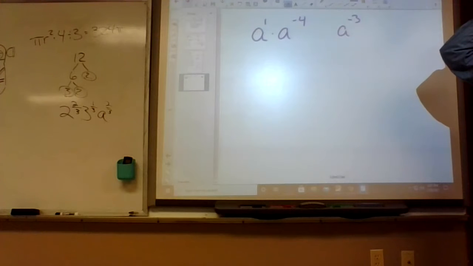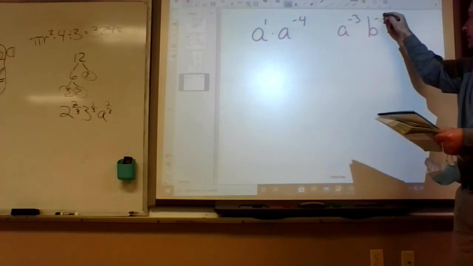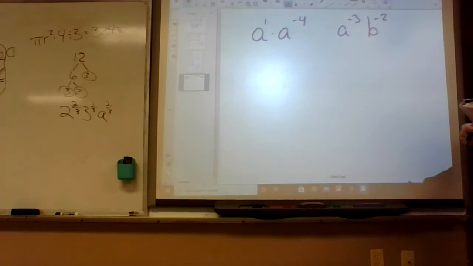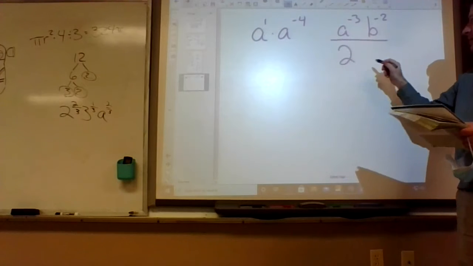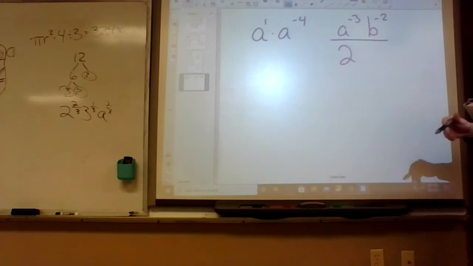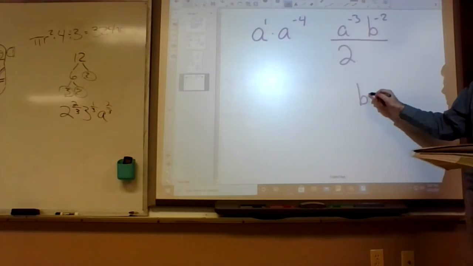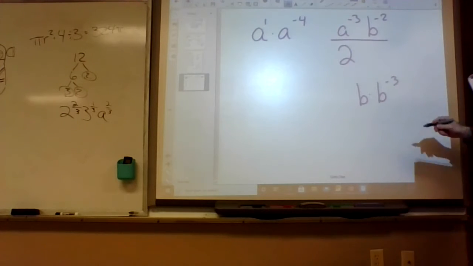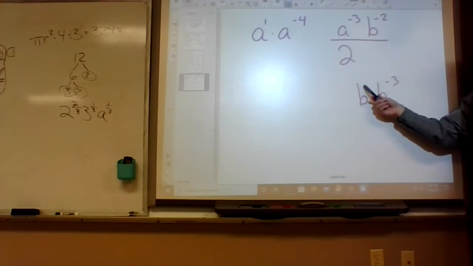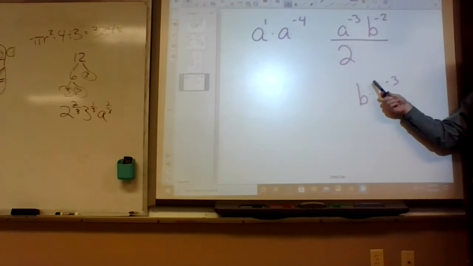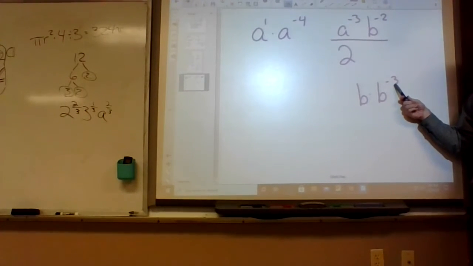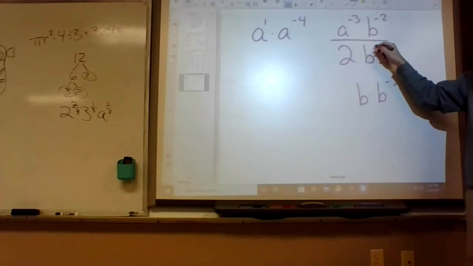We'll fix it later. And I see a b to the negative 2 on top, so I'm going to leave that there for now. And then on the bottom I see a normal 2, and also a b times b to the negative 3. So we're multiplying now, not dividing. So it's 1 plus negative 3, it's negative 2.